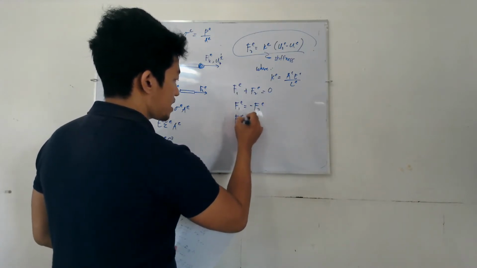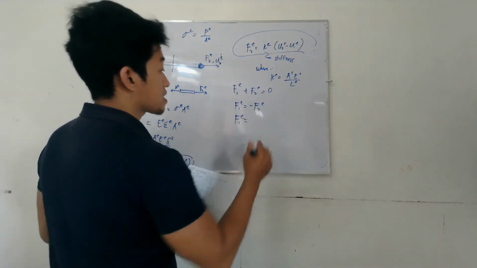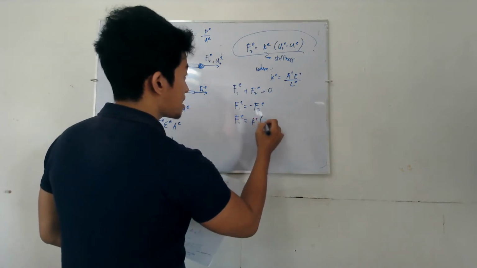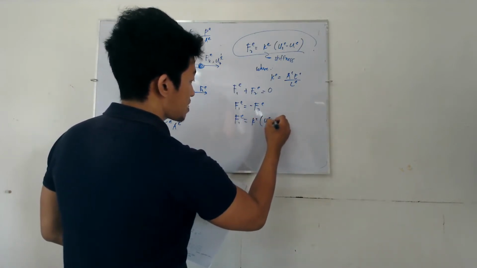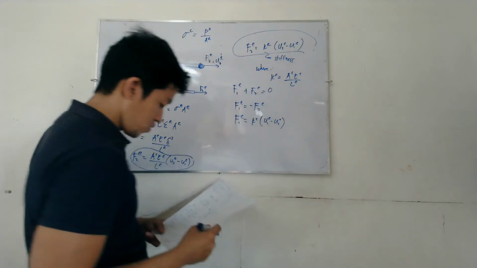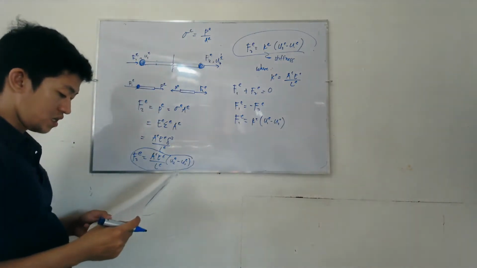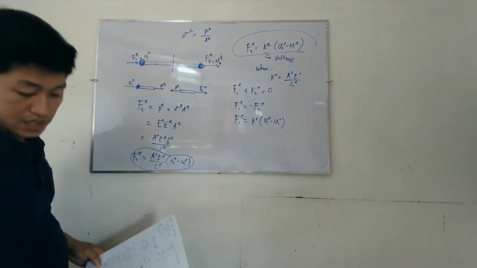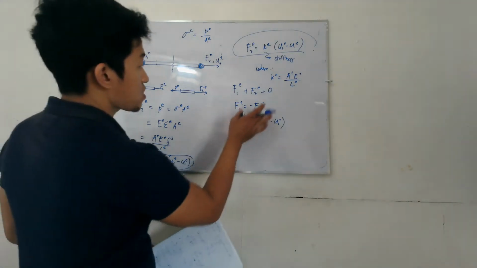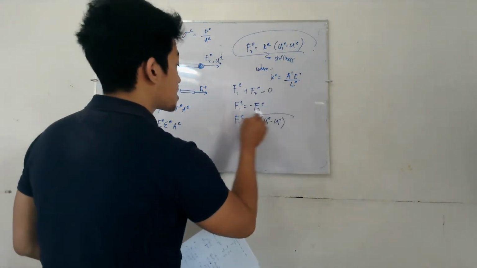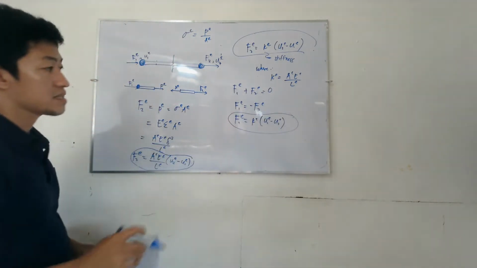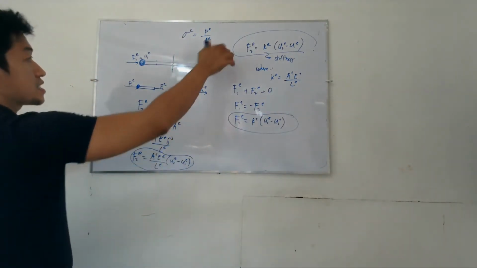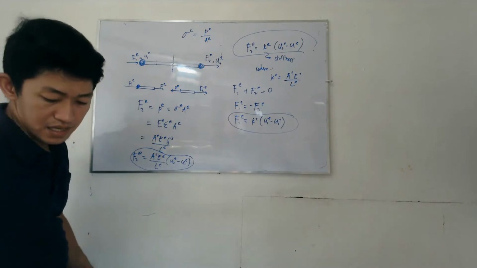Therefore, F1E is just equal to K to the E times U1E minus U2E. Okay? So these are the two equations that will describe this single element.